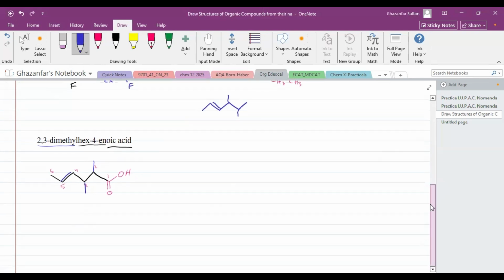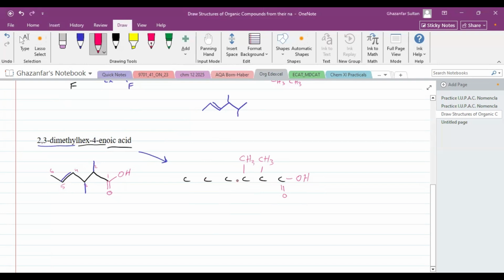Or if you are going to draw the structure of an organic compound, then use the same strategy: 1, 2, 3, 4, 5, and 6 carbon atoms, and convert one of the terminal carbons into a carboxylic group. The second and third positions have methyl, so draw methyl over there, whether on the same side or the opposite side.